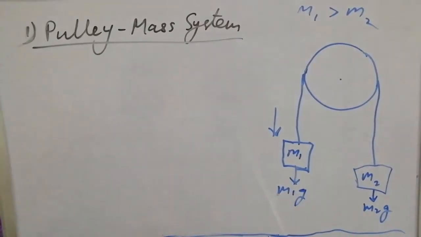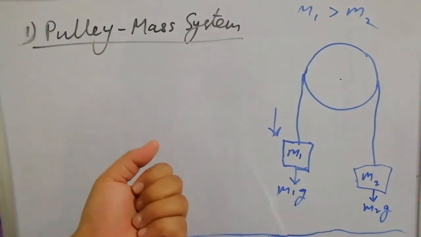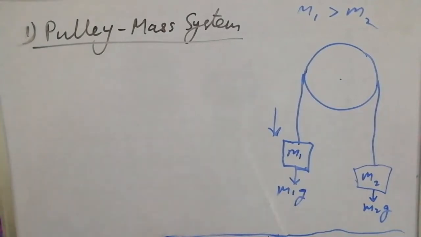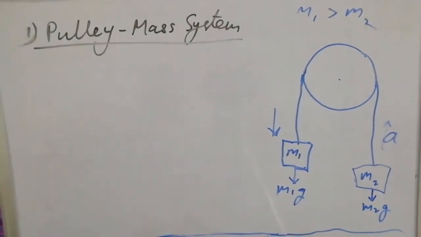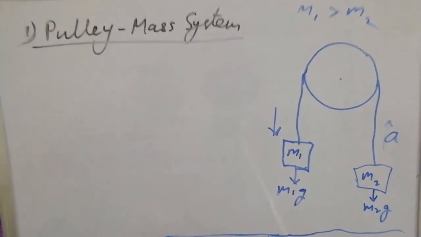Now since the masses are moving, m1 downwards and m2 upwards, that means there is a net force, only then are these masses moving. As long as there is a difference of weight between them, there will be relative motion. So let us say that mass m2 is moving with an acceleration of a. Since there is a net force, there must be an acceleration, right?